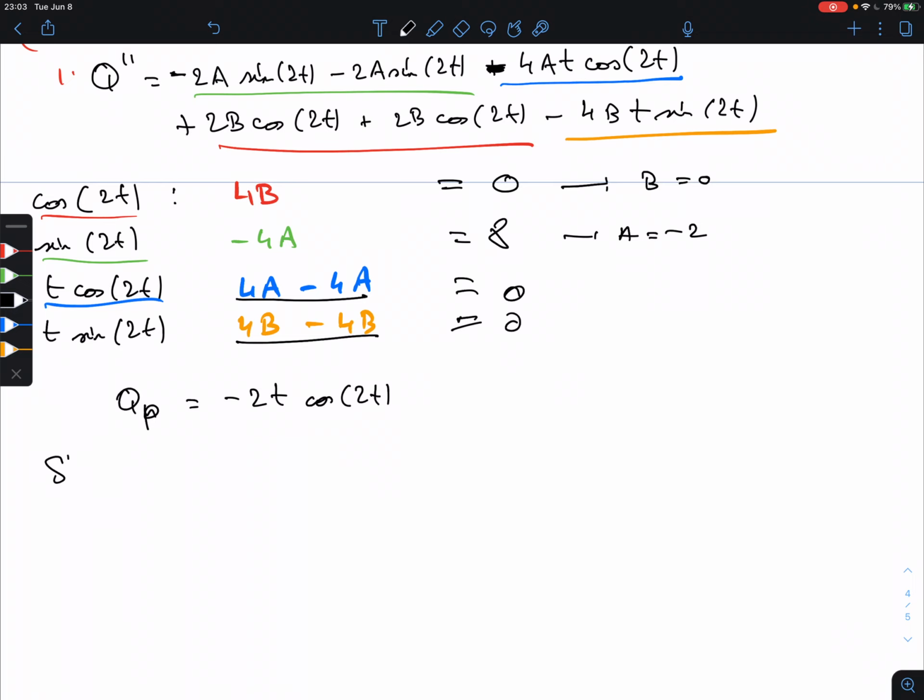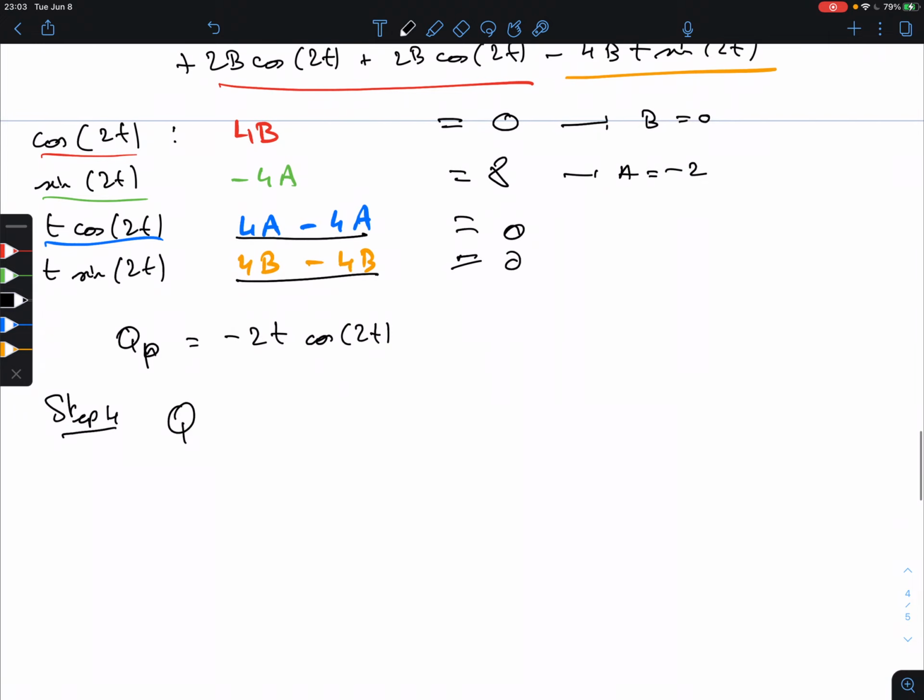I cannot jump. I wanted to jump straight to the current, which we need. Eventually we have to get the current, but we have to take our time. We have to first find the Q general, that is the Q particular plus Q homogeneous. So that is minus 2t cosine 2t plus a cosine 2t plus b sine 2t.